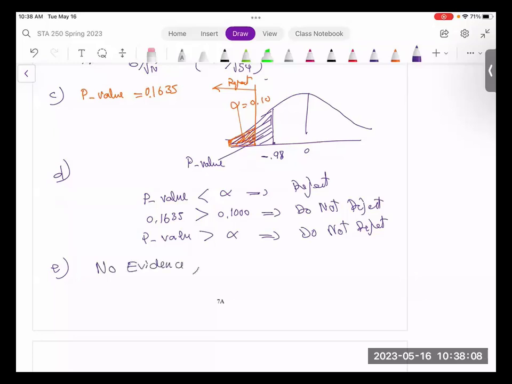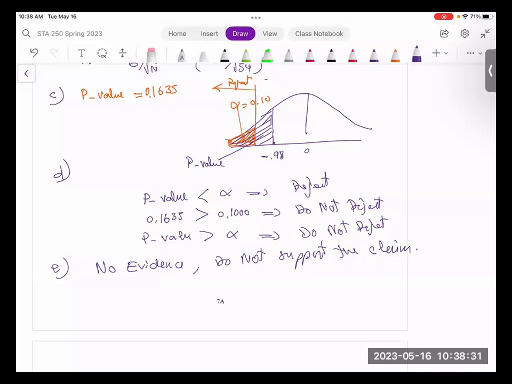Did you support the claim or not? I did not reject, right? The claim was H1 and I did not reject. So I'm in favor of H0. So do not support the claim.